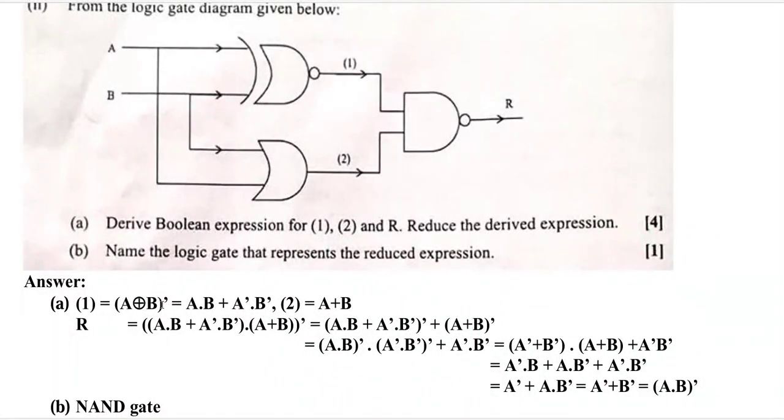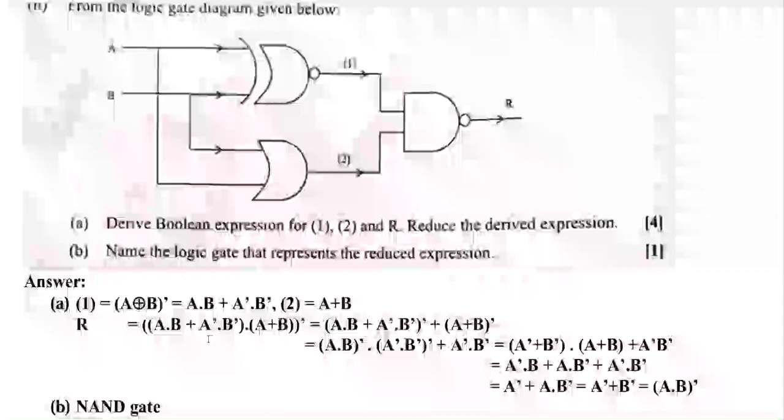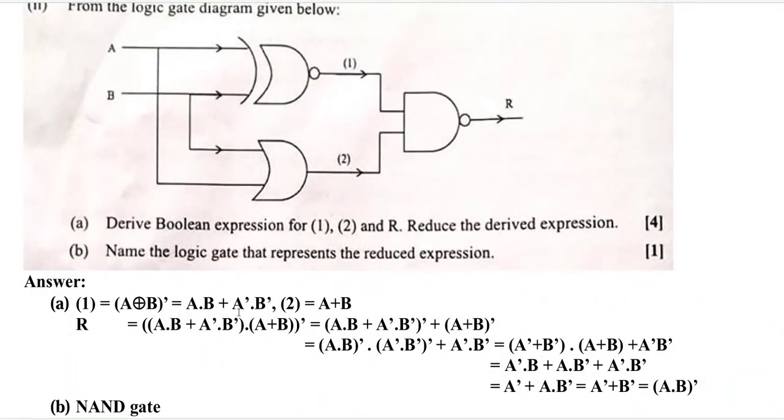You can break it. The second one is an AND OR gate. Finally, R is a NAND gate of XNOR and AND OR, which is coming to A bar plus B bar, or (A dot B) whole bar, which is a NAND gate.